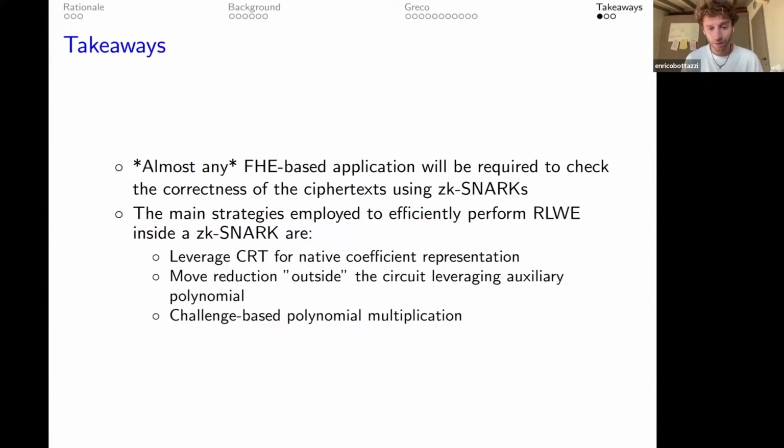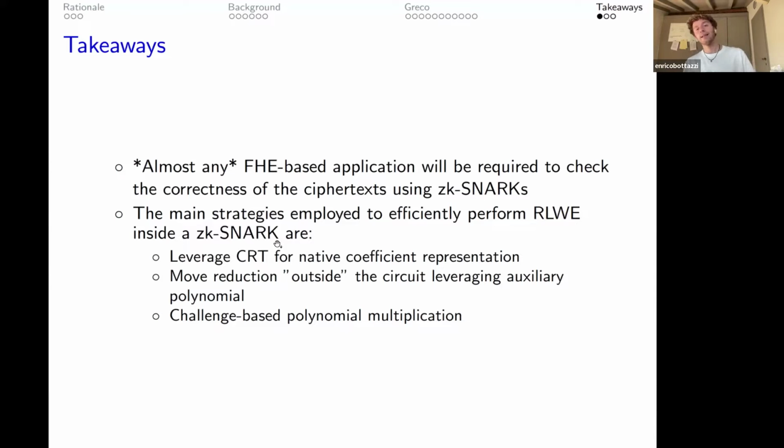And if you want to try your luck with Greco, it will be a good idea. But I also encourage people to improve upon Greco, because I think this is really necessary if we want to see FHE applications being deployed in production.